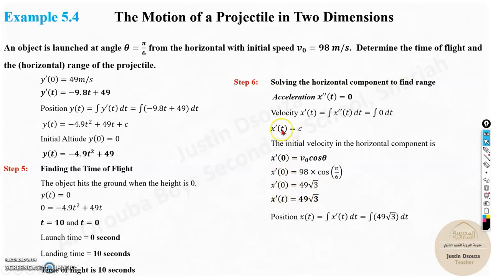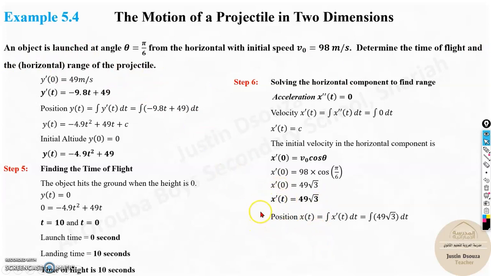Now, what is x dash of t? It's the same thing, because the derivative of the constant is 0, so only the initial velocity remains. Whatever the c value is, that's it. Now, how do you find the position? This is the velocity, and we need the range, but we'll come to that. What is the position function?